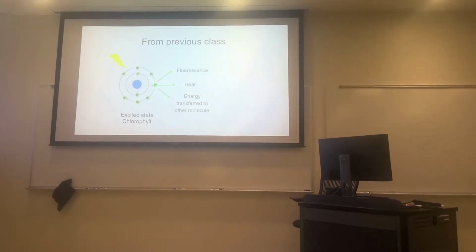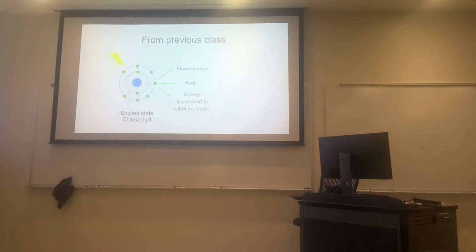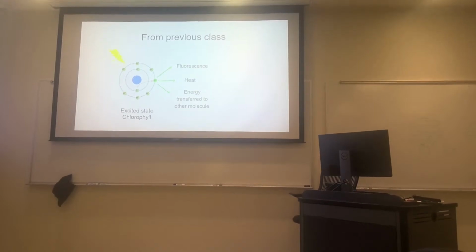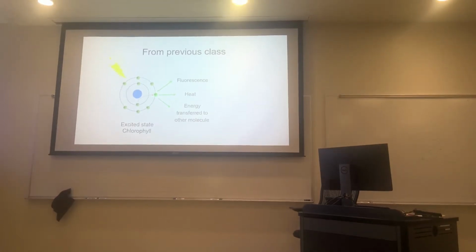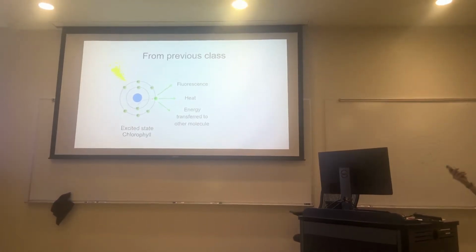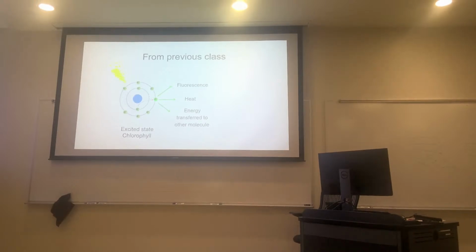So remember in the previous class we talked about when chlorophyll absorbs energy, it excites electrons, and that high energy state of chlorophyll has to be dissipated either as fluorescence, as heat, or transferred into another molecule.